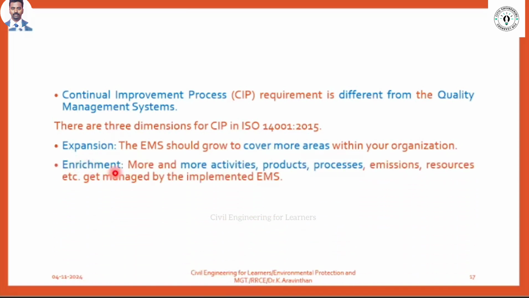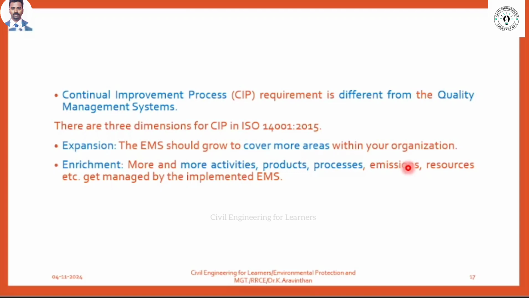The second one is enrichment. The product should be enriched. What are the things that should be enriched? The products, process and emission. These three should get a better result. I have some examples of best performing industry. During 2023, they used 3% of rainwater in their manufacturing process.